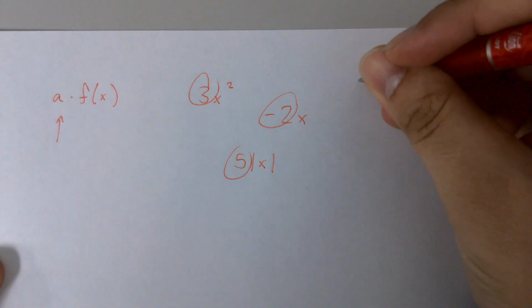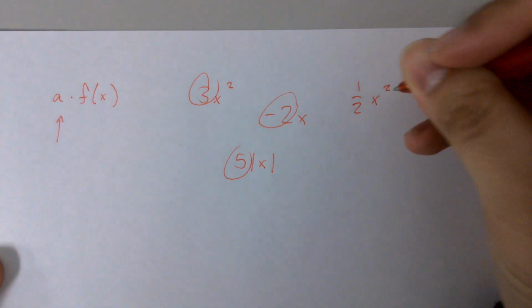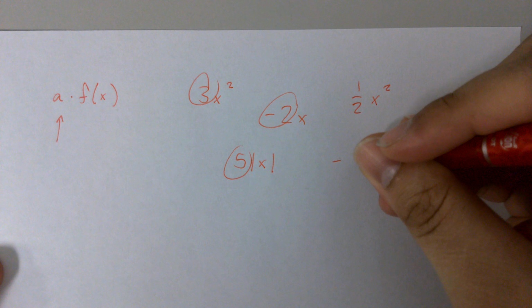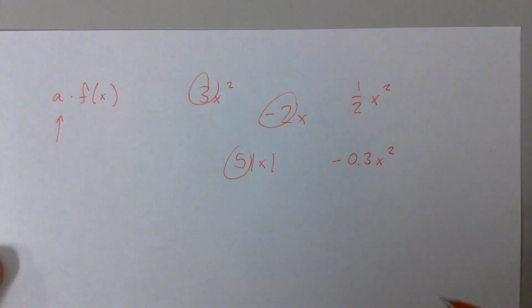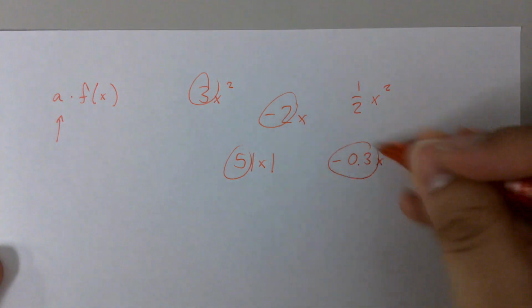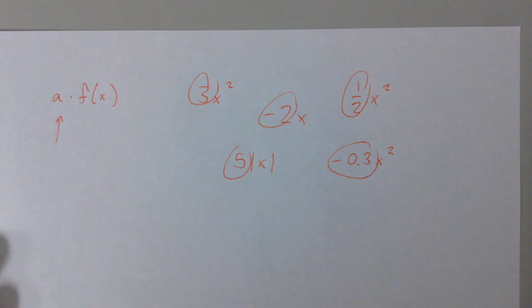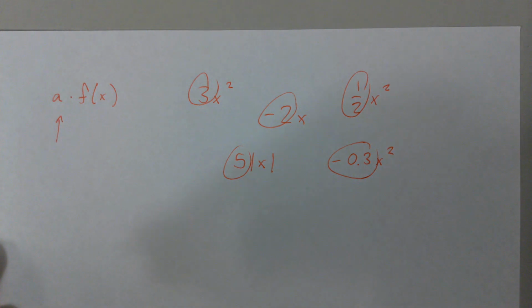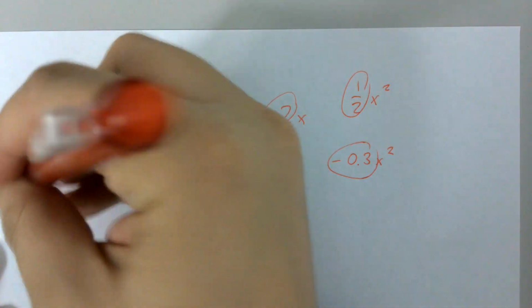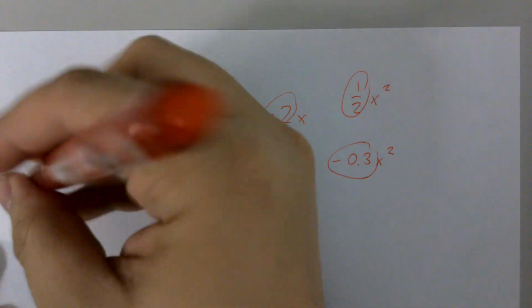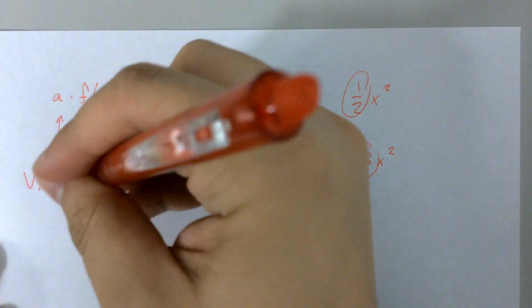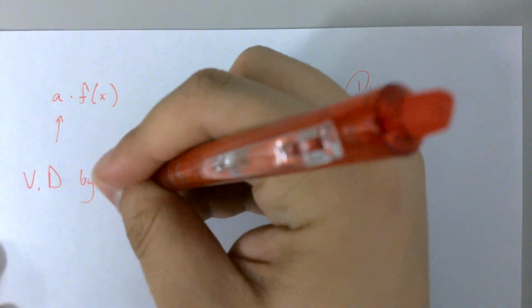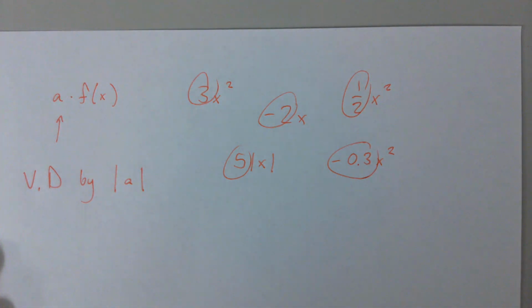So if we have a 1/2 x squared or negative 0.3 x squared, any of these are vertical dilations. Particularly, this number is a vertical dilation by the absolute value of whatever a is.